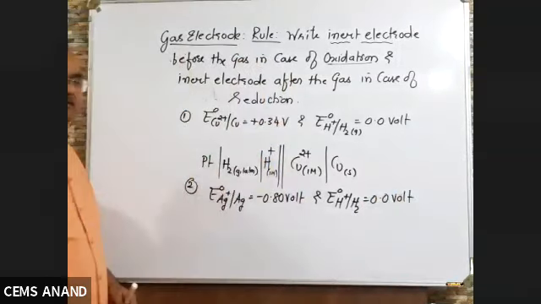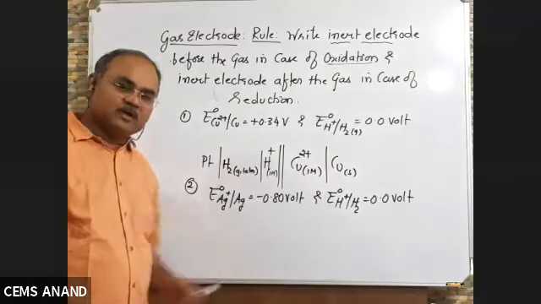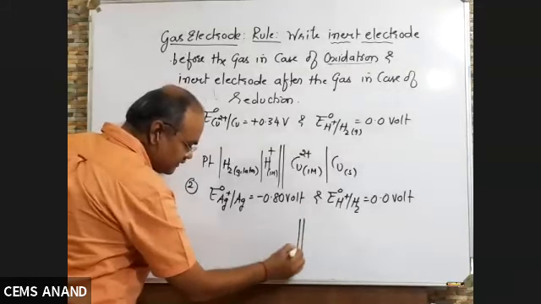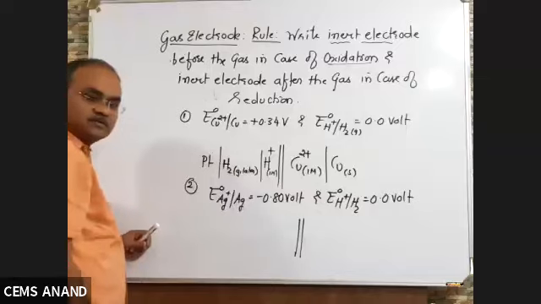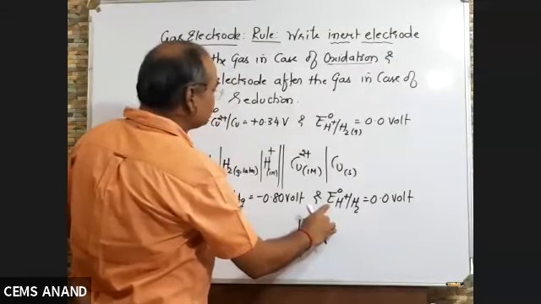Suppose these are the two half cells. Now you want to connect them. Look at these two values; looking at these two values, you can say whose value is higher.